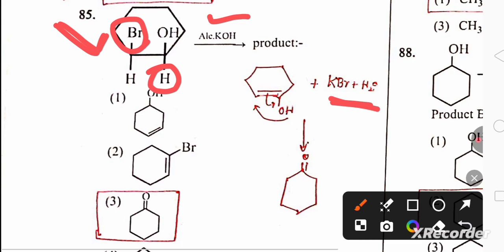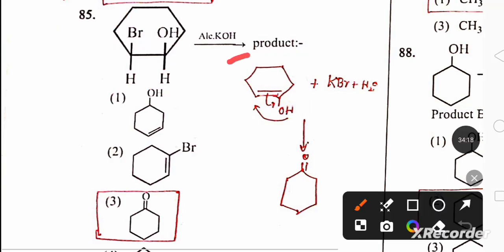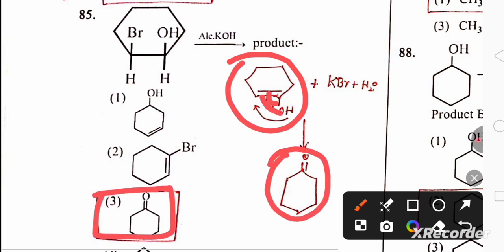You will get this product having a double bond and alcoholic group, cyclohexenol. This on tautomerization, shifting of double bond and oxygen, you will get keto group; cyclohexanone will be obtained. So cyclohexanone is the right answer for this question.